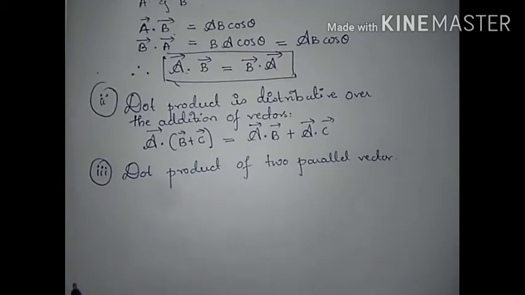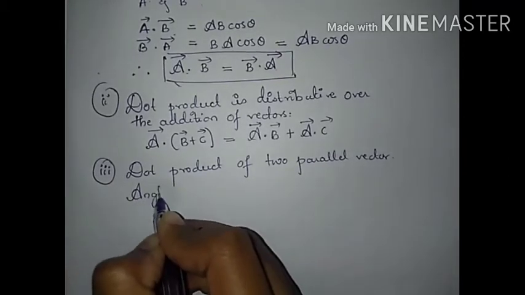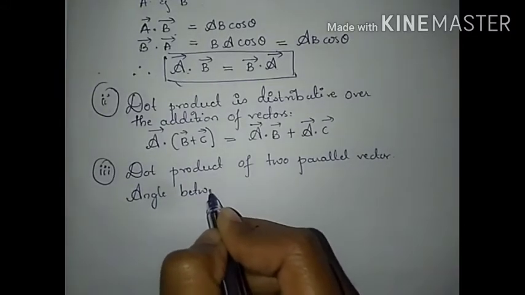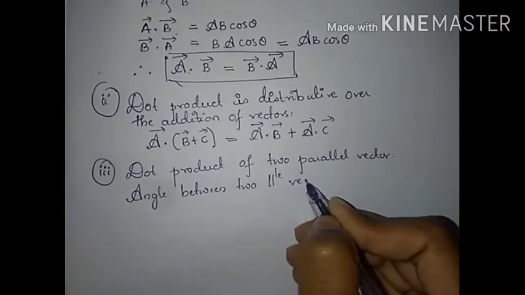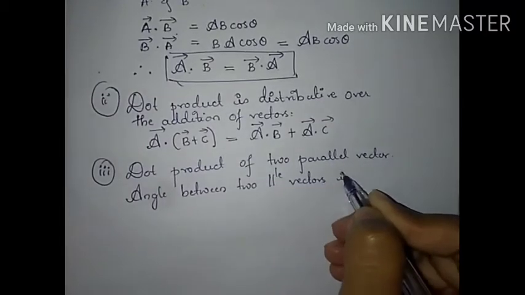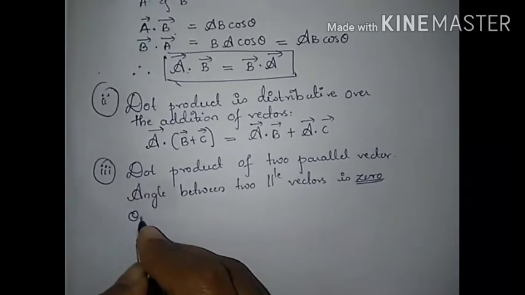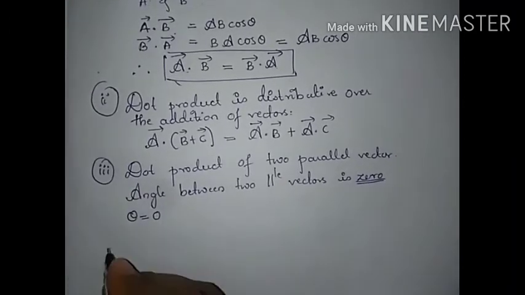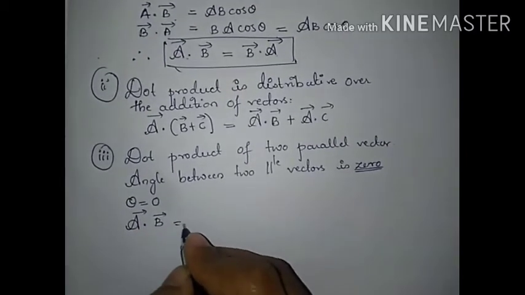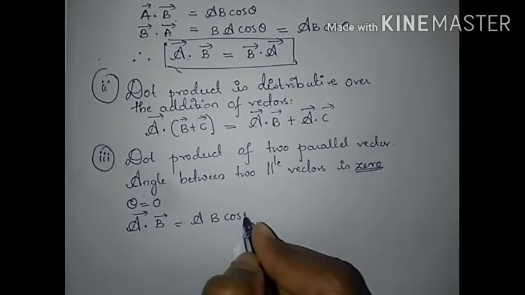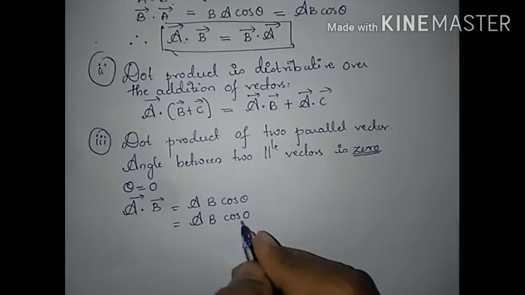The angle between two parallel vectors is 0, so theta is equal to 0. Now A dot B is AB cos theta, that means AB cos 0.